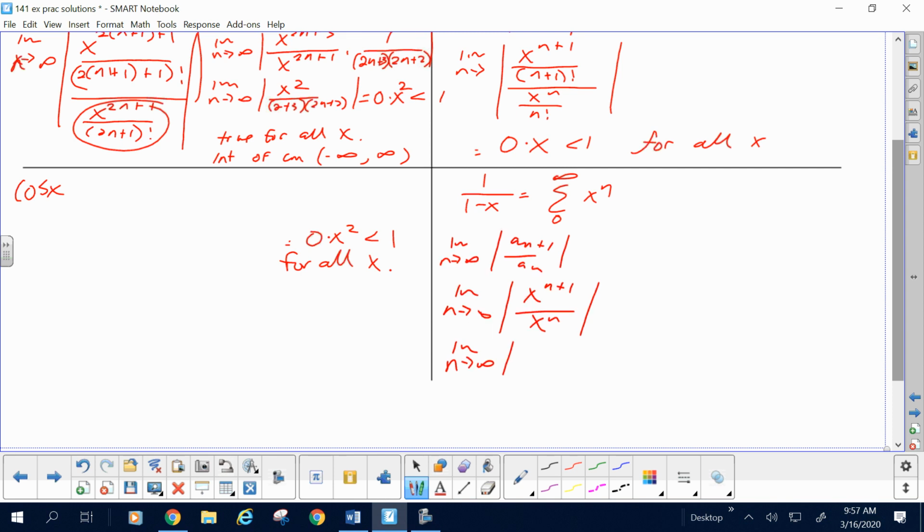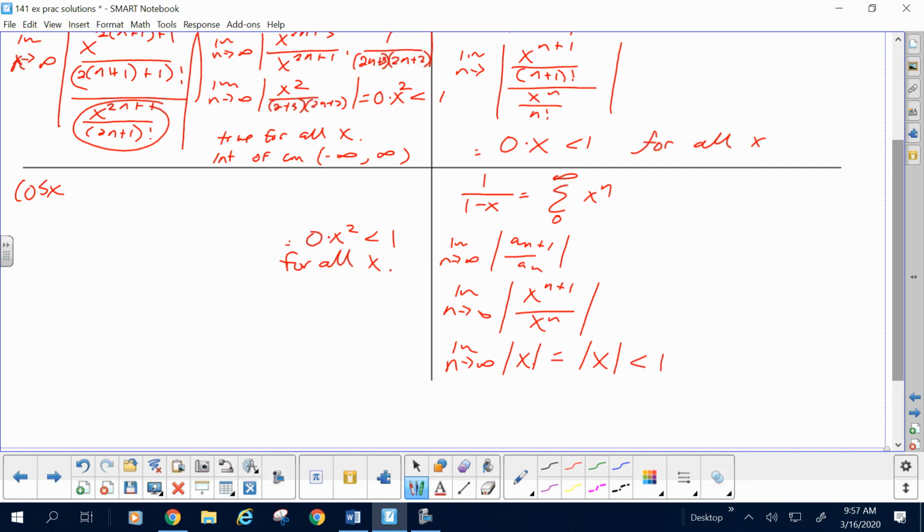The limit of that is x. Now, as n goes to infinity, this one's kind of crazy because there's no n left in it, but it's basically like if something else went to infinity, if x has nothing to do with it, the limit is just x, for the absolute value of x.